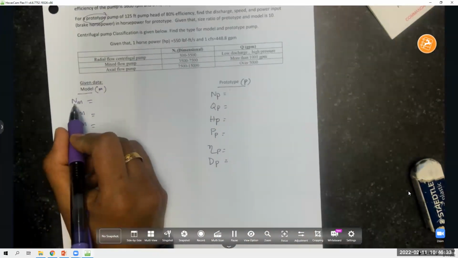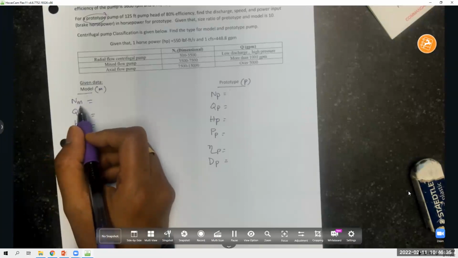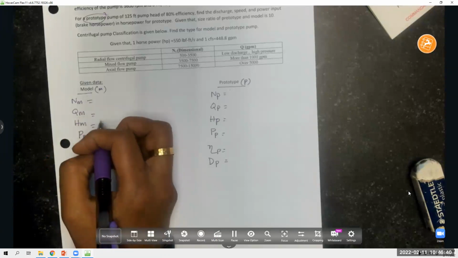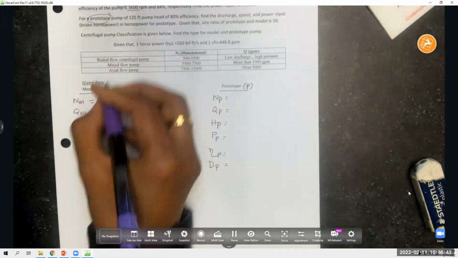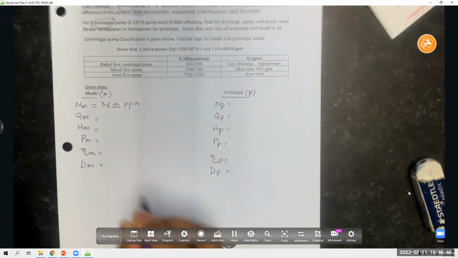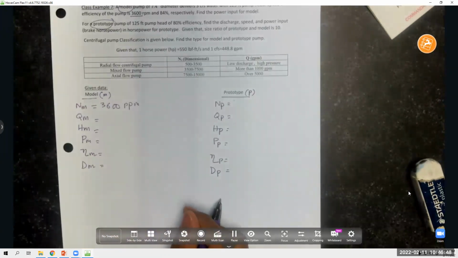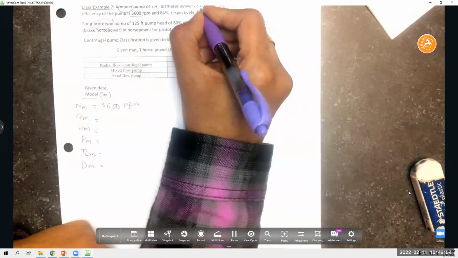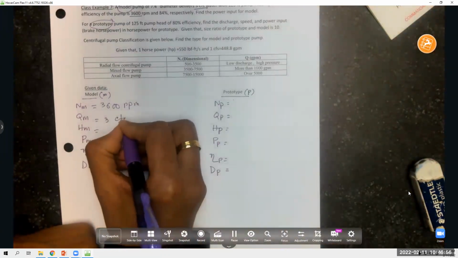Now, tell me what are the given values, or what values we already have. Do we have the rotational speed for the model? 3,600, okay. RPM, right? Do we know the Q for the model or discharge capacity for the model? 3. Yes.